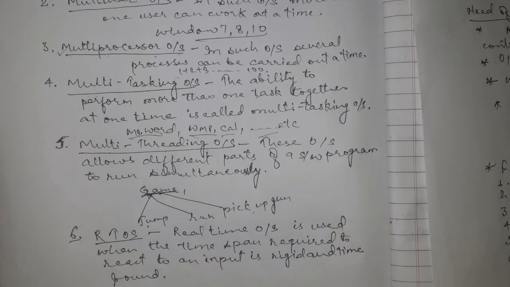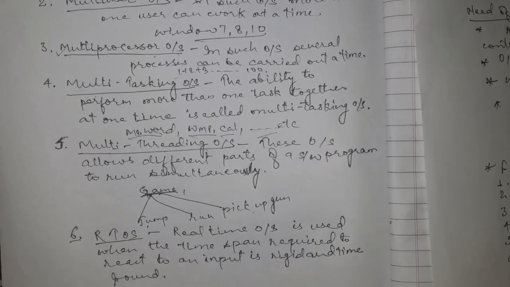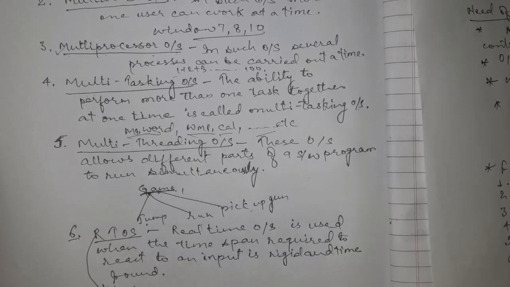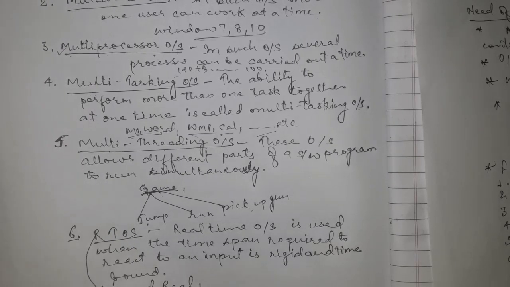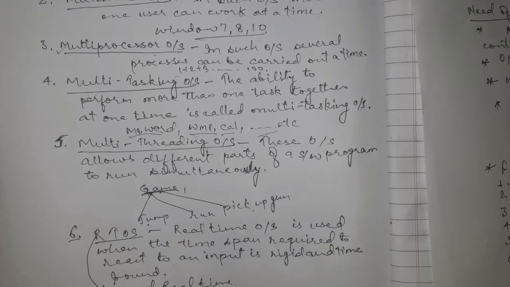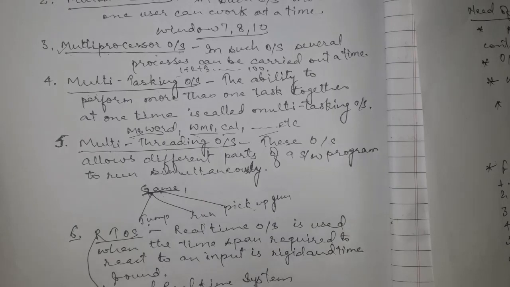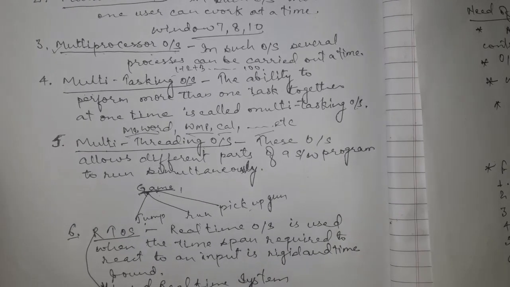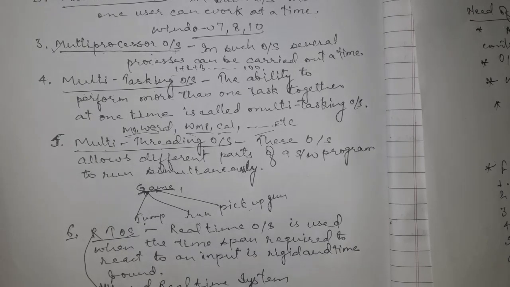So these are of two types. The first one is the hard real time system. Means to say, these computers are very accurate, and give the output and accept the input in the exact time decided before.